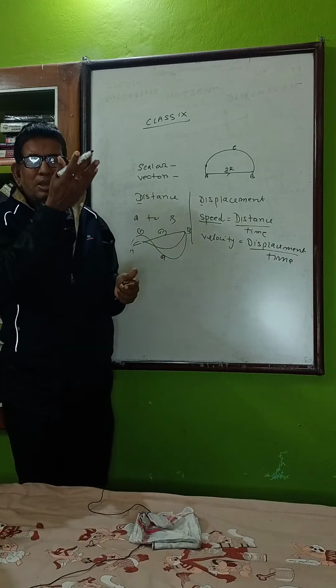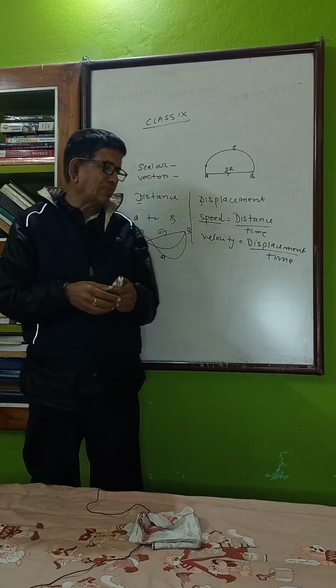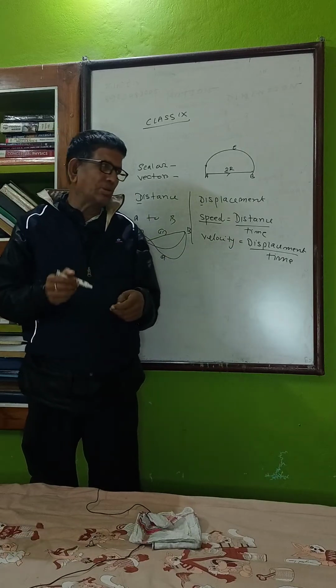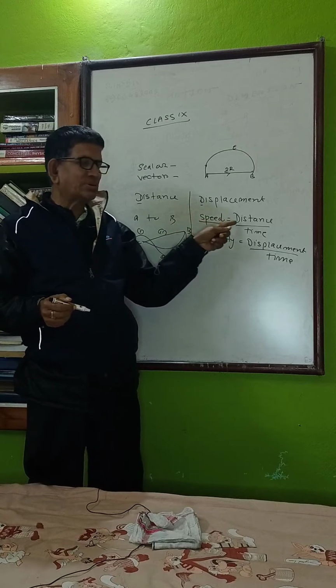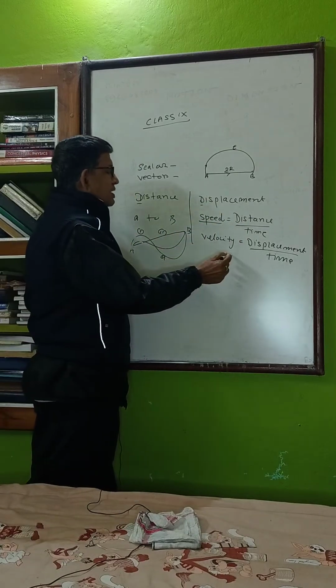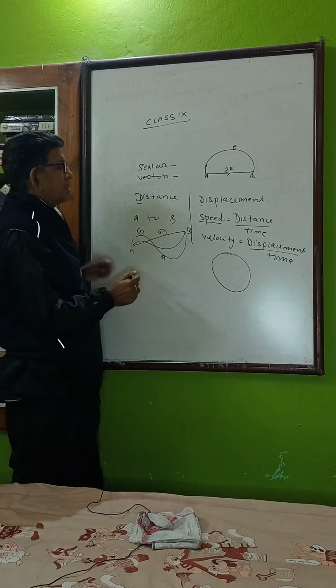Suppose you are throwing a body upward, then catching it again after a certain time. Displacement is 0, so average velocity is 0. But speed is not 0, distance by time is not 0. Suppose a body is moving in a circular path.